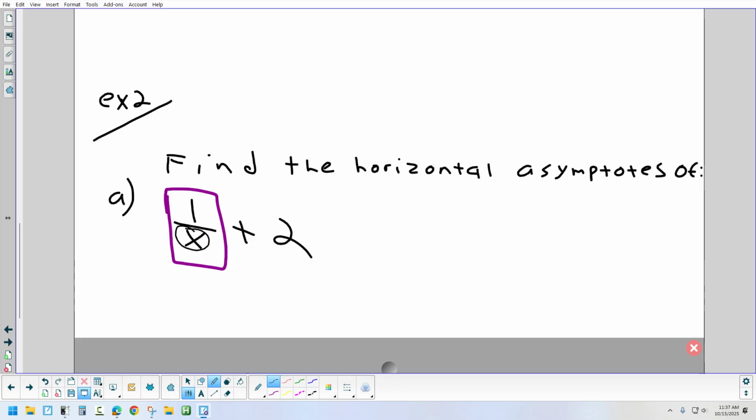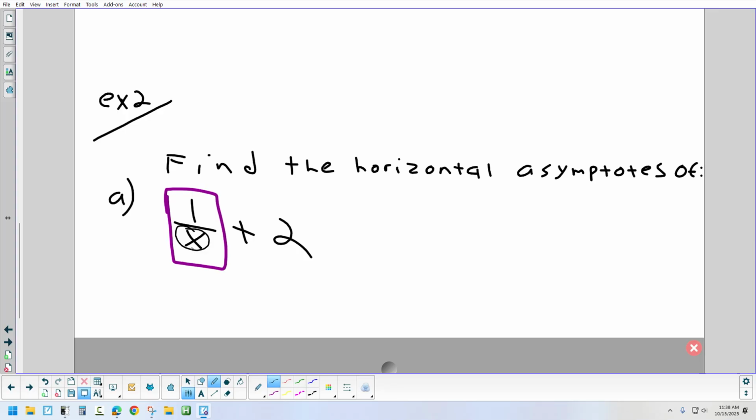What's going to happen to that fraction inside the box? Yeah, really small. How small is it going to get? It's really close to 0. Yeah, it's going to get as close to 0 as you can possibly imagine.